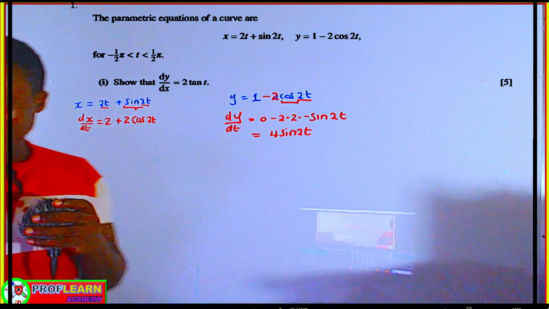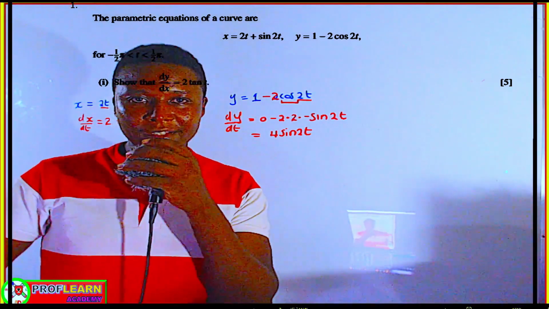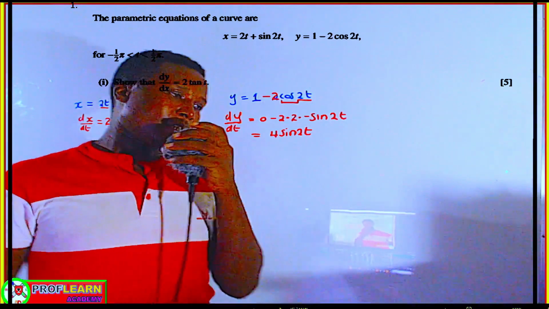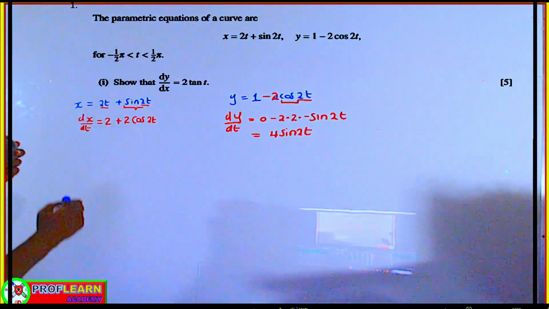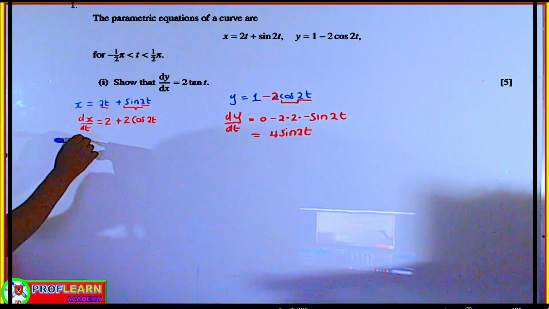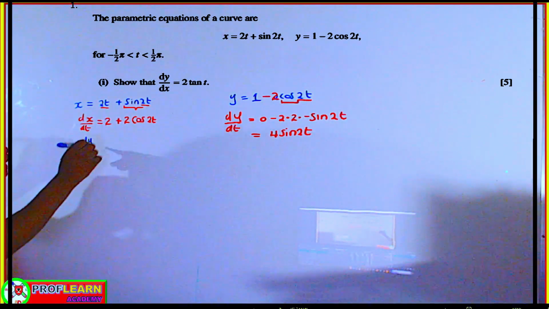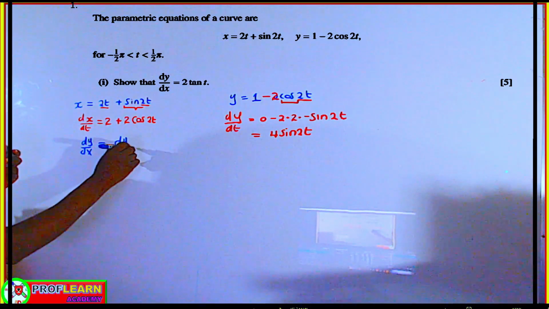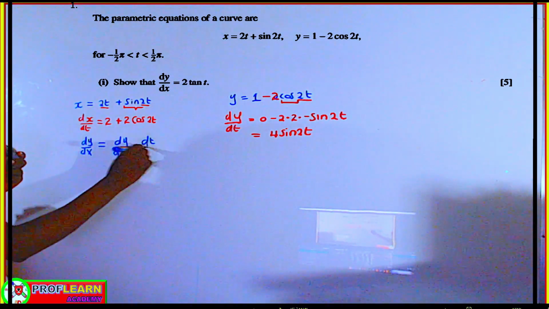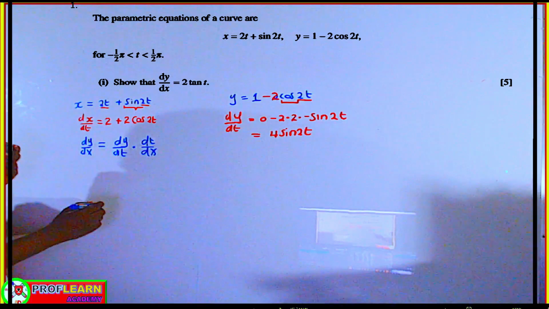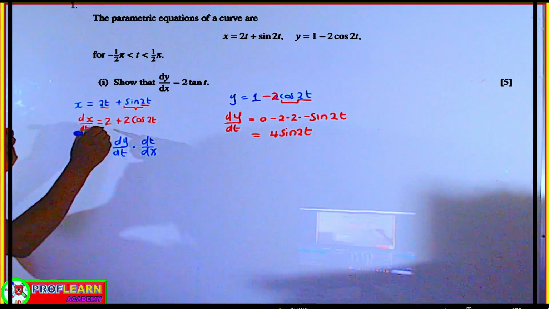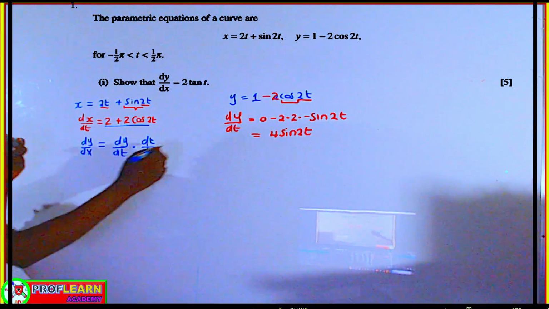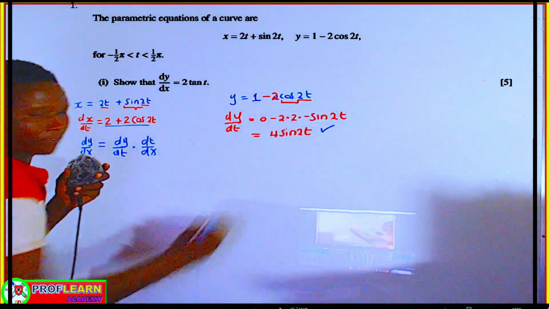In this question we're supposed to show that dy/dx is equal to 2 tan t. So in order to find dy/dx, dy/dx is going to be equal to dy/dt times dt/dx. So dt/dx, we can get it from the reciprocal of this particular part, and dy/dt we already have at this given point.